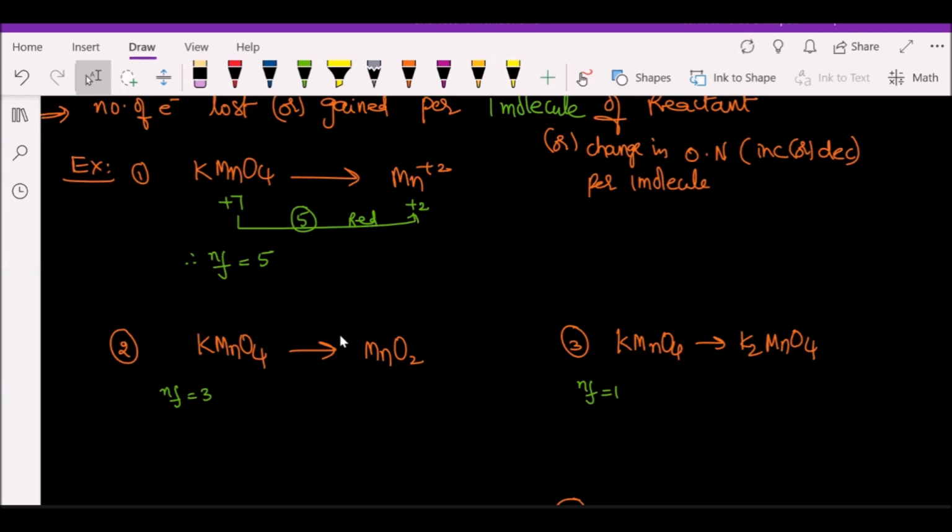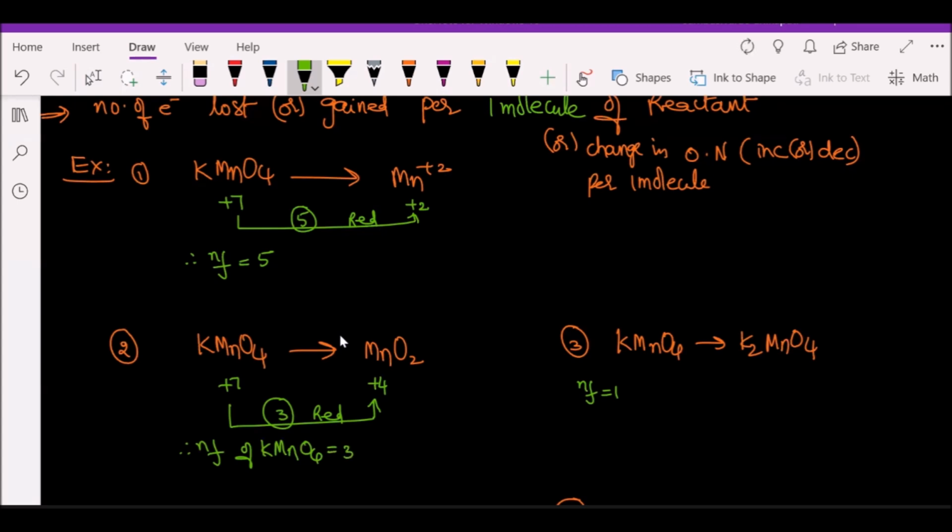Listen all of you. Manganese oxidation number is +7 and converting into +4. So this is +7 to +4, reduction by decreased value 3. Therefore, n factor of KMnO4 is 3.